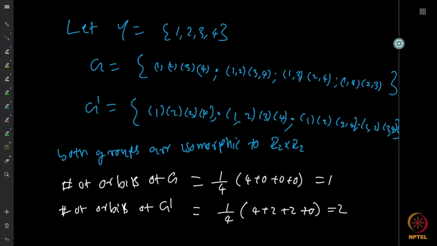So as abstract groups, they are isomorphic. Both are isomorphic to Z2 cross Z2.